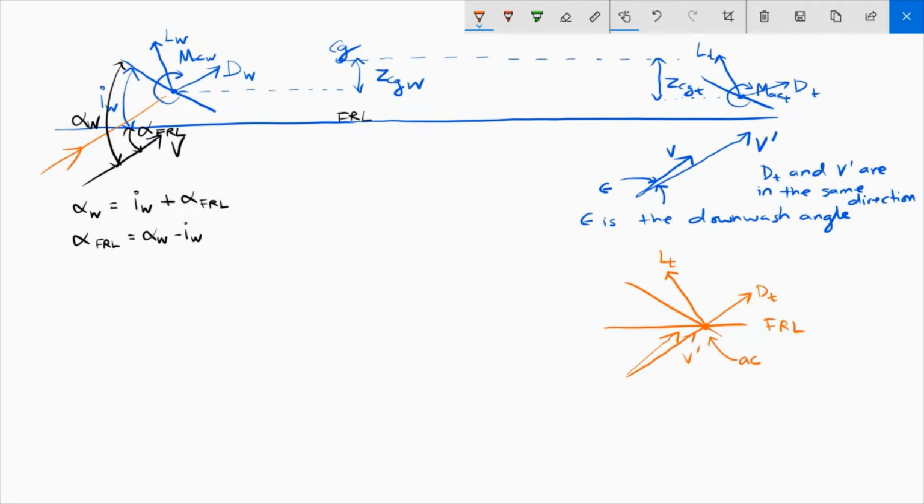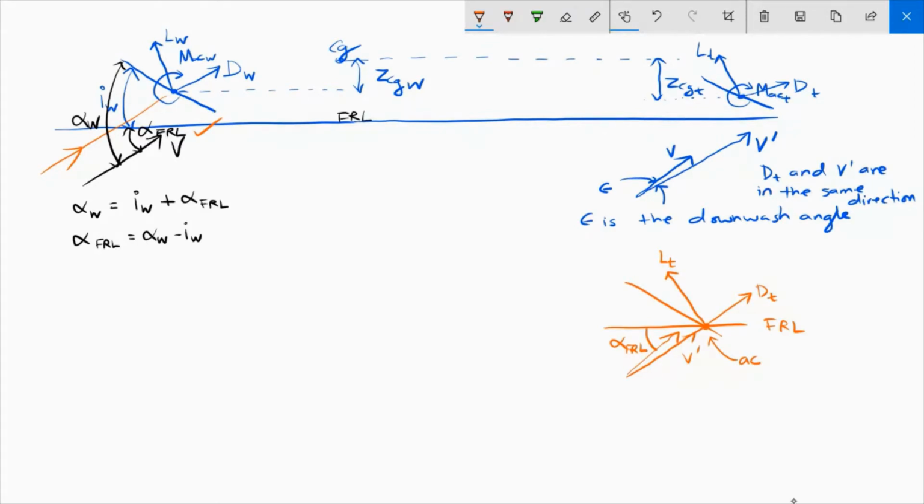So from our discussion of the geometry of the wing, we know that this angle is equal to alpha fuselage reference line. Okay, same as this angle here. Now this V prime is V rotated downward. Okay, so there is a reduction in alpha FRL.